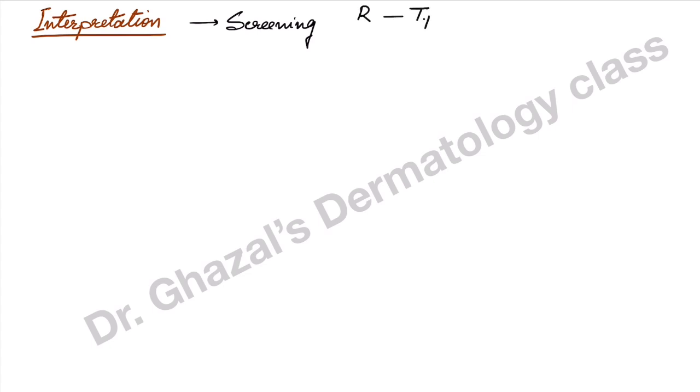So now a bit on the interpretation of VDRL results. If we are screening and we get a reactive test, it means that there is or was a past or present Treponema pallidum infection which might be treated or untreated. But we should keep in mind the false positive results.